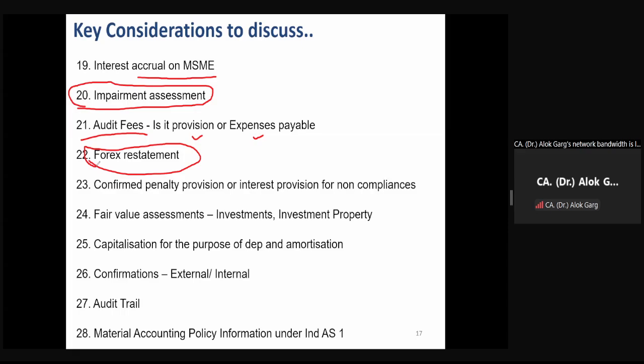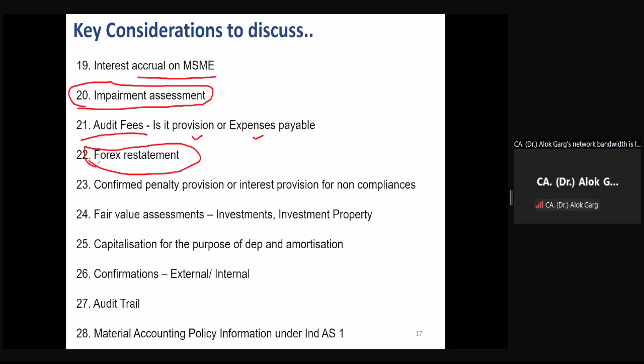For example, let's say I have a building in America and I'm an Indian company. This building is my property, plant and equipment, which is at historical cost, at a historical rate. This building is not going to be restated. But if it is a trade receivable, it is going to be restated.